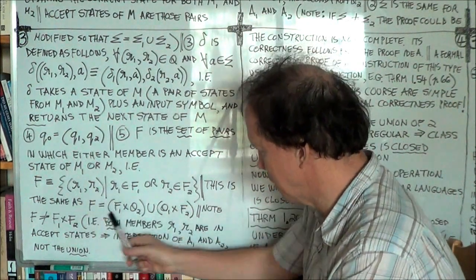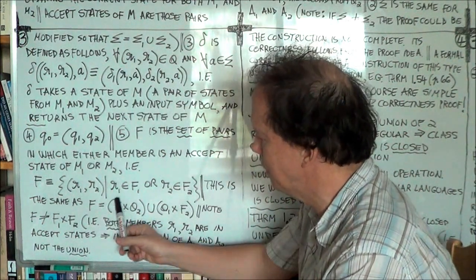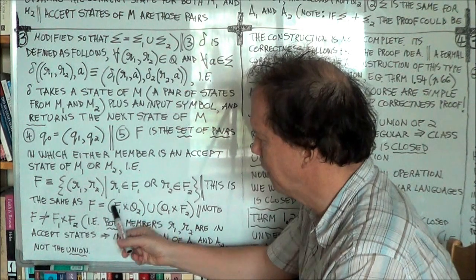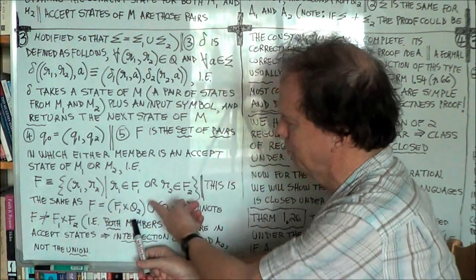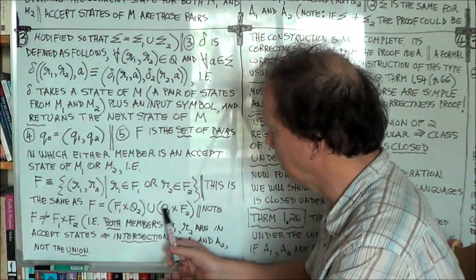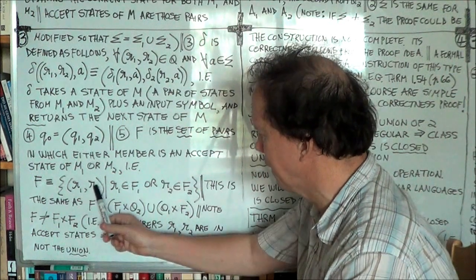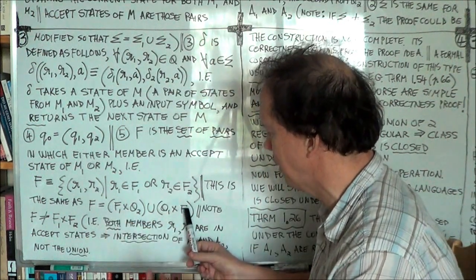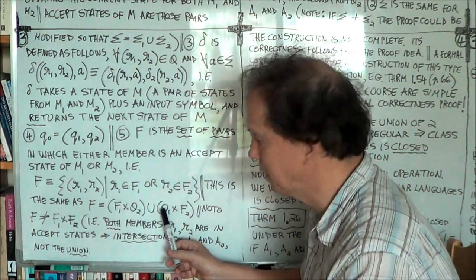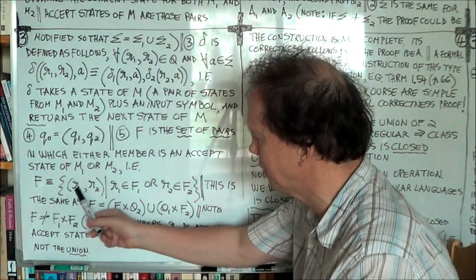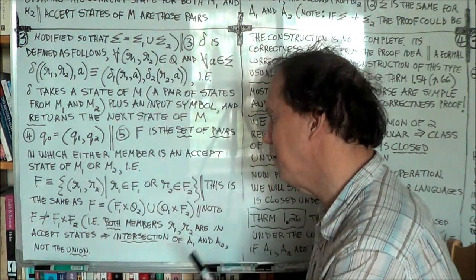So another way of writing this is: R1 is one of these accept states, and you don't care what the other is, it could be any Q2, or R2 is an accept state of machine M2, and you don't care what state machine 1 is in. Hope that clarifies that.